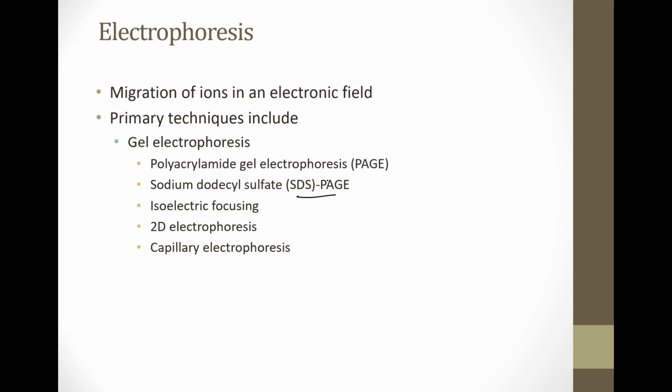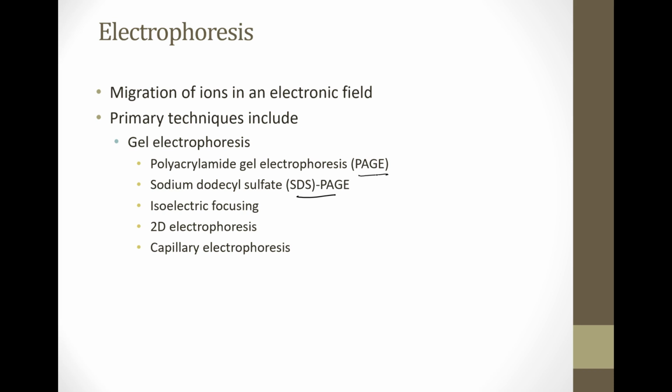And that's an elaboration on the fact that the gel is polyacrylamide gel. So PAGE is polyacrylamide gel electrophoresis. And SDS-PAGE is a modification on that technique where we are treating the proteins with sodium dodecyl sulfate, which denatures the proteins and removes the shape component of the electrophoresis through the gel and relies specifically on their mass.